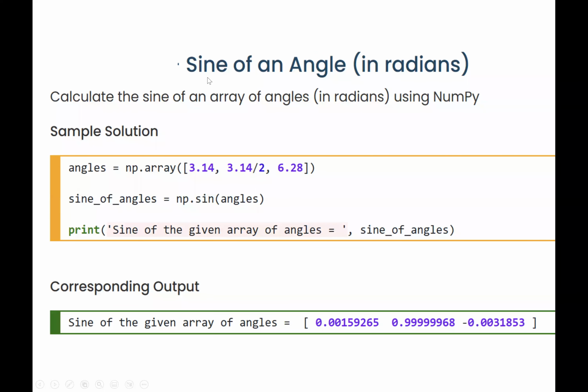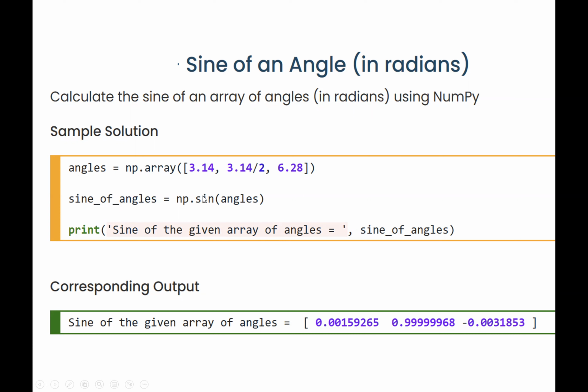Next, we can also find the sine of an angle. This is one of the advantages of the NumPy package. It gives us the trigonometry functions. For example, here we have an array named angles, and we use np.array to create it. It's in radians, so we can find the sine of these angles.